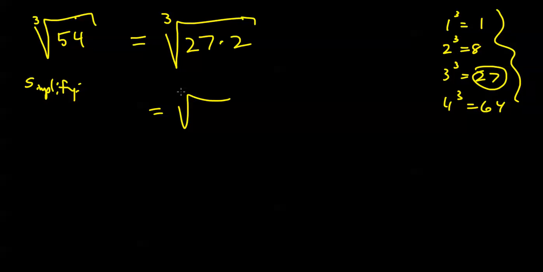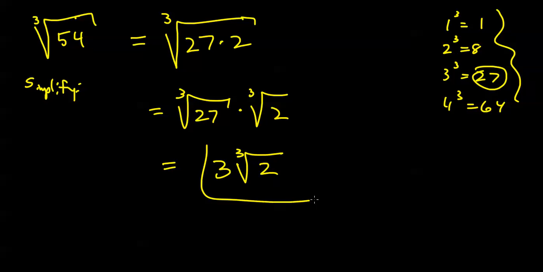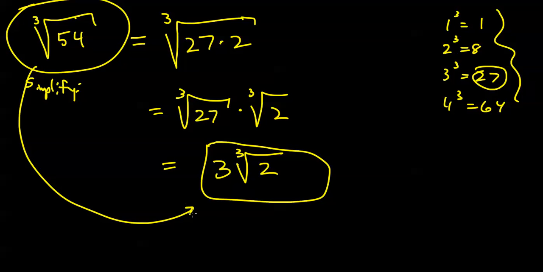All right, so I can then break up a root over a product of factors, and I know that the third root of 27 is 3 because 27 is a perfect cube, and I would have as a final answer 3 times the third root of 2, or 3 times the cube root of 2. So this original expression equals this in simplified root form. Okay? Not so tough if we practice it a bunch of times.